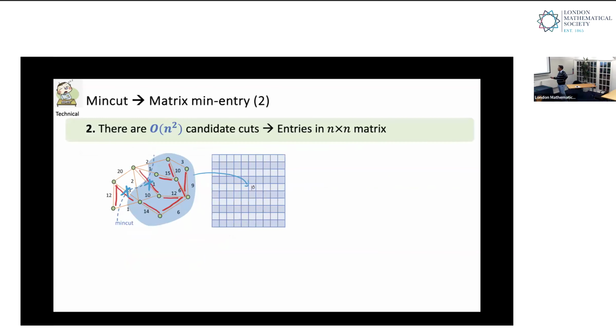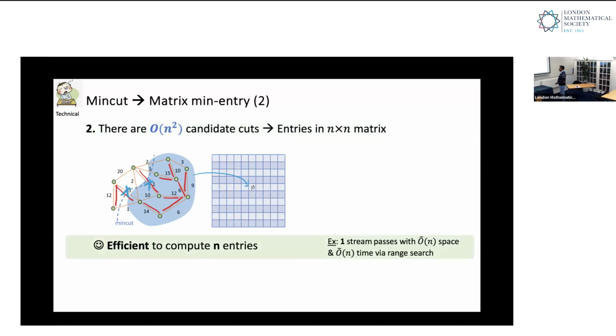Now, there are n squared candidate cuts, so we can put them in a matrix format, right? The rows and the columns are both indexed by the edges of the tree. And you put in the value of the cut of the original graph that cuts these 2 edges of the tree. That's how you populate this matrix.